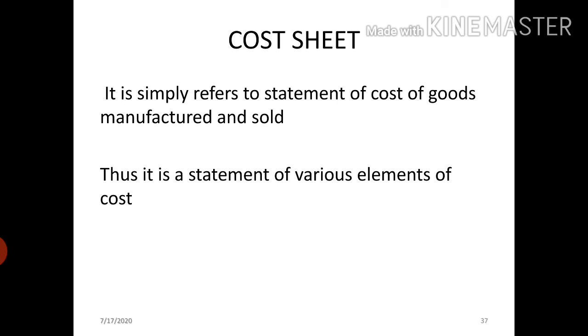So this cost sheet will give a detailed view about the cost involved for the production and sales, and sales promotion expense. And finally, we will get the net profit or loss derived from the operation.